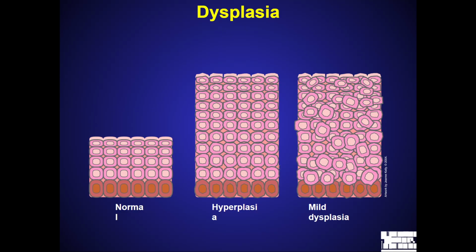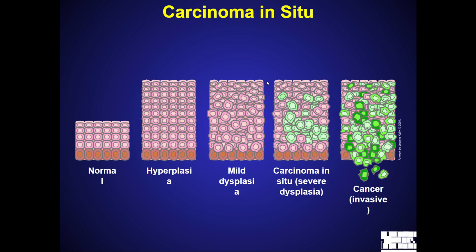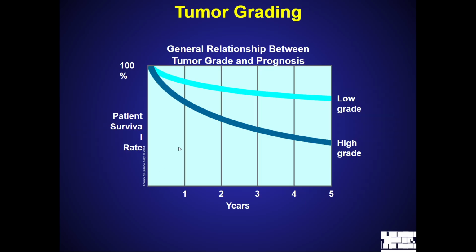So these should be monitored closely by your health professional if they are present. Now, this is a severe case of dysplasia. Severe dysplasia is carcinoma in situ, which means carcinoma in place. Basically, it's an uncontrolled growth of cells that remains in the original location. But it can develop into an invasive malignant cancer and can become metastatic, or move around to healthy cells. So it should be removed if possible.